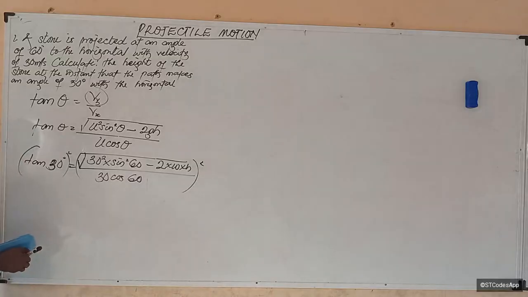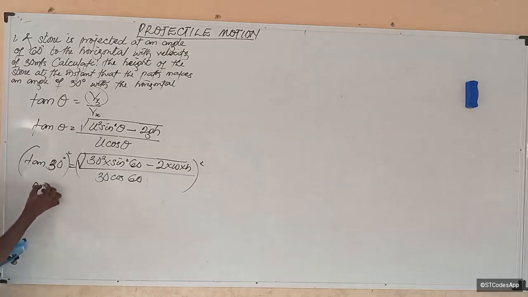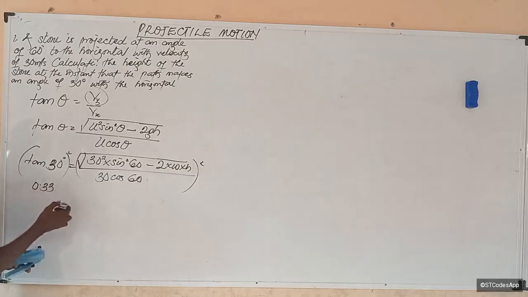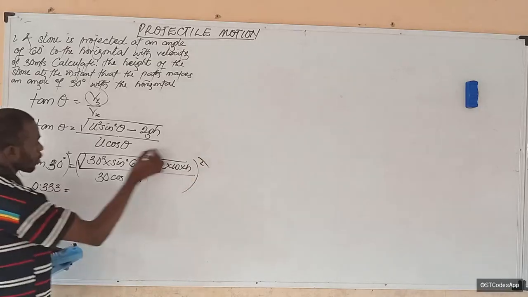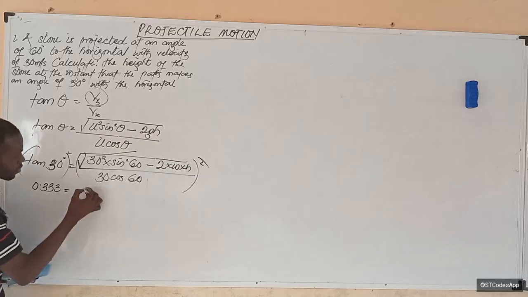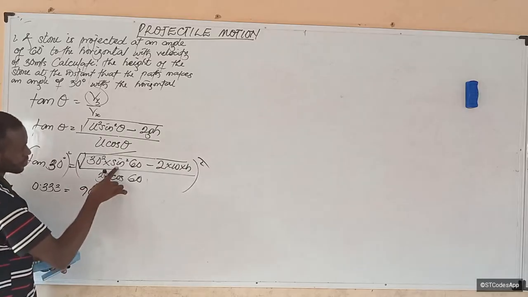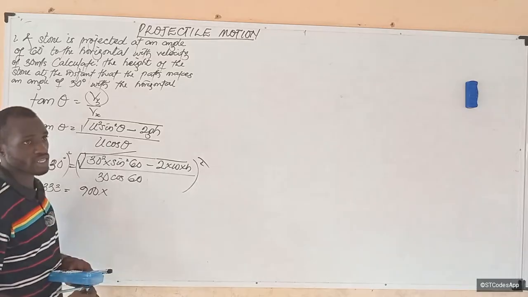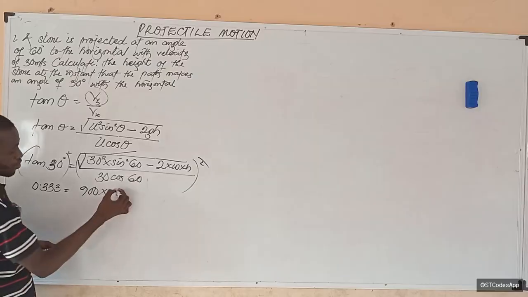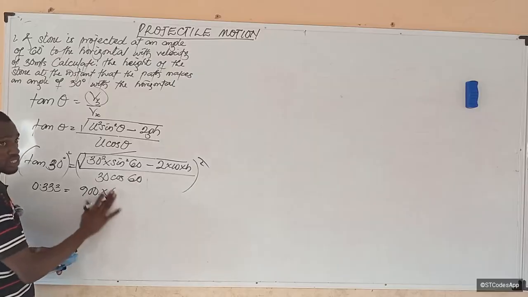Okay, so we didn't make a mistake there. I thought we made a mistake there. So 0.333 equal to, by the time you square this upper part, the square root cancels. This one becomes 900 times sine 60, which is root 3 over 2. Root 3 over 2 squared is 3 over 4, so we have 3 over 4 or 0.75.